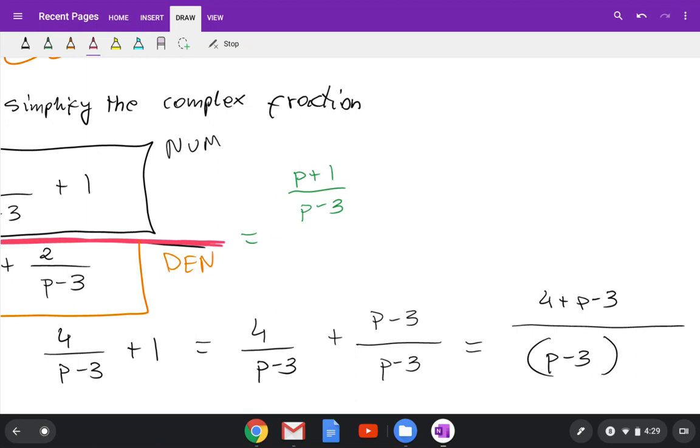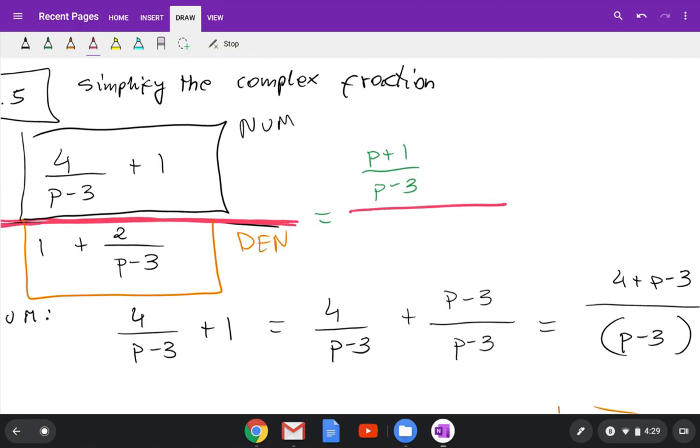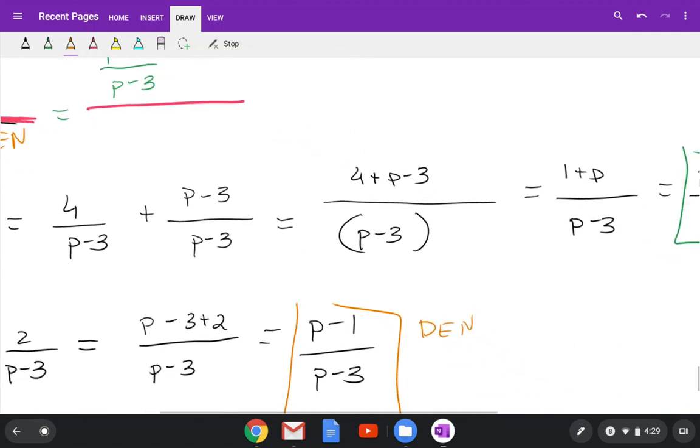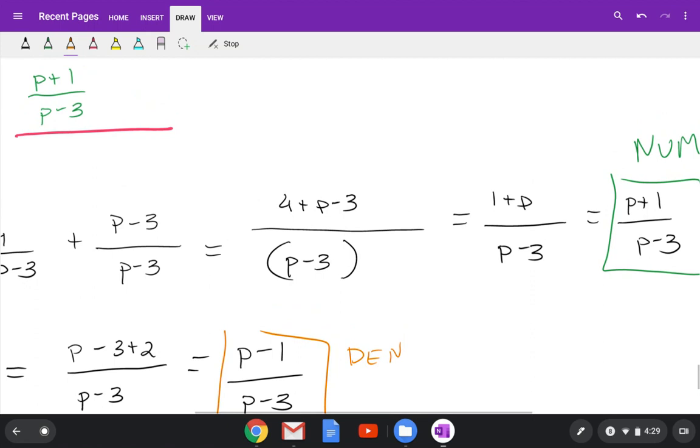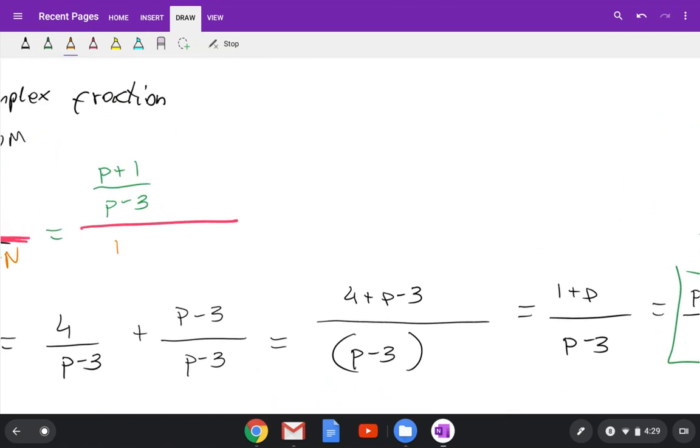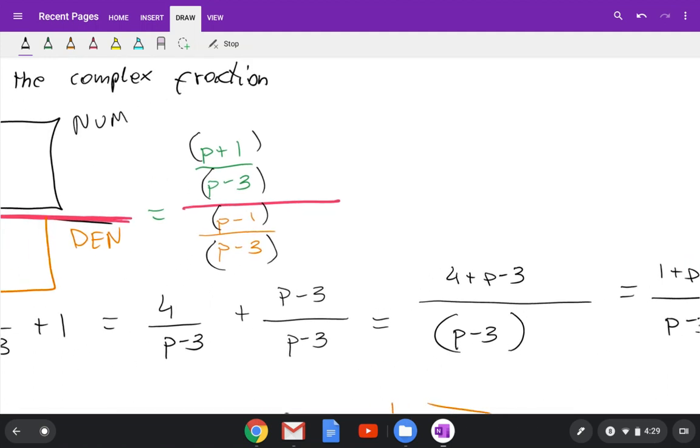The major fraction bar, and the denominator in orange, which we simplified, this is the same as p minus 1 over p minus 3. And again, I recommend parentheses, so you know that we're dealing with an expression. So now you have a fraction divided by a fraction.